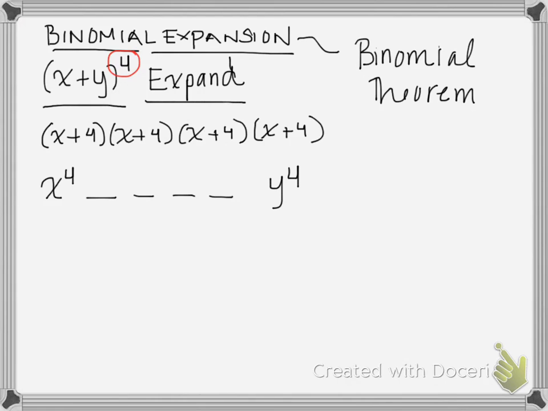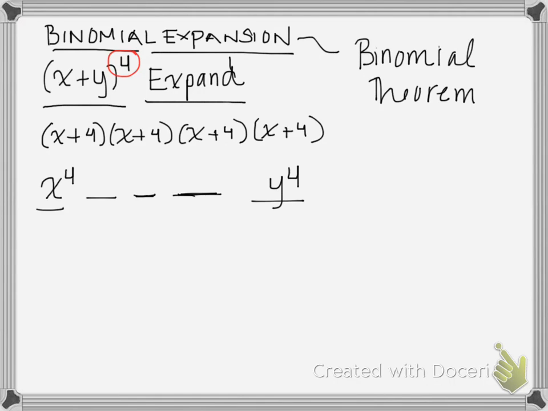So if the exponent is 4, we're looking for 5 terms, 2 of which are x to the fourth and y to the fourth, and then I'm going to have 3 other terms here as well.